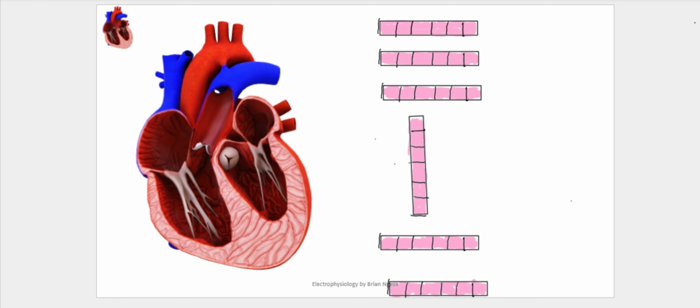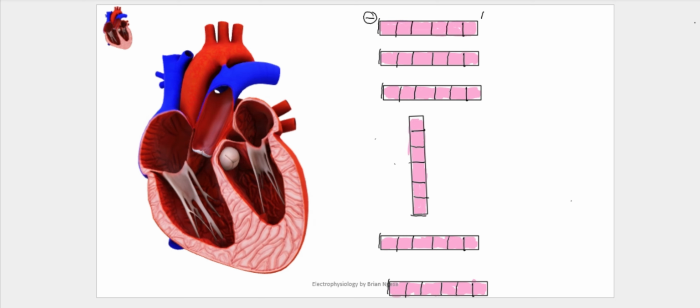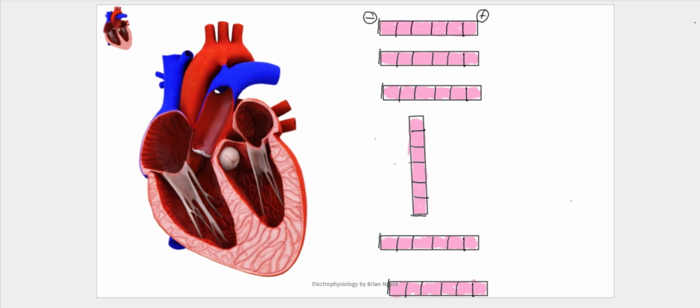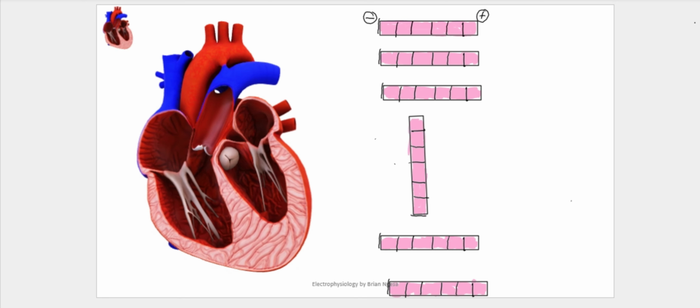Let's assume you've had your piece out, and you decide to attach electrodes. You attach a negative electrode over here, and you attach your positive electrode over here. Let's assume that this muscle cell over here has some action potential, and it is spreading in this particular manner.